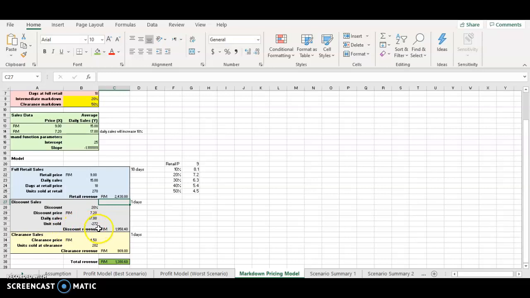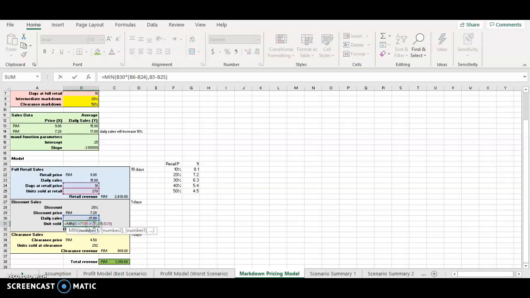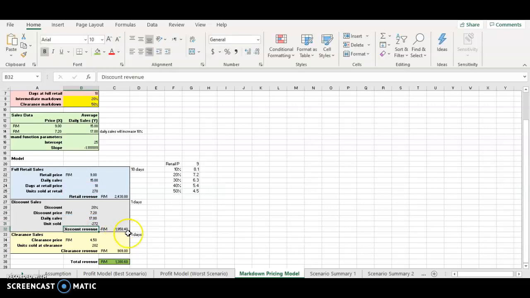Unit sold is negative 272, which is the minimum unit. As for the discount revenue, I will calculate it by discount price times the unit sold. Then the discount revenue is negative 1,958 ringgit and 40 cent, where I get a negative revenue.